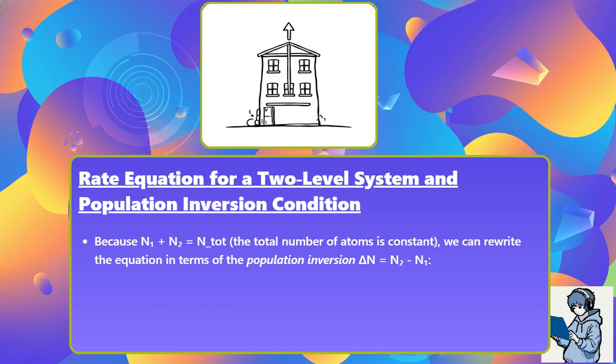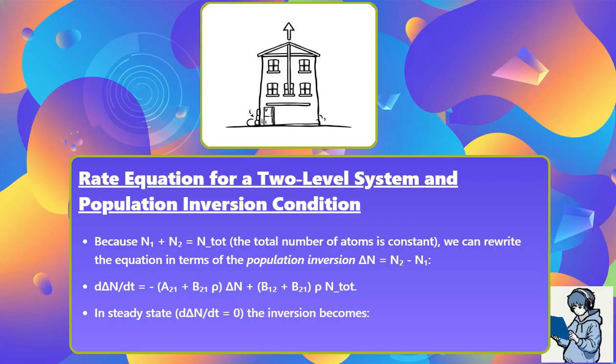We can rewrite the equation in terms of the population inversion delta N equals N2 minus N1: d delta N over dt equals negative (A21 plus B21 rho) delta N plus (B12 plus B21) rho N total.